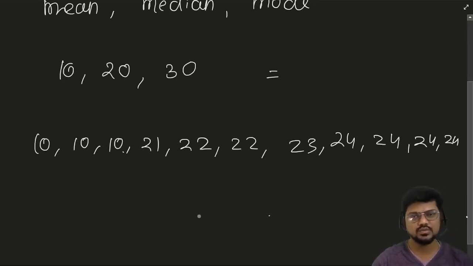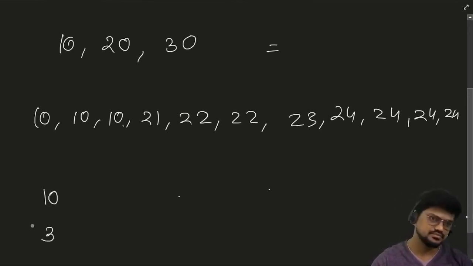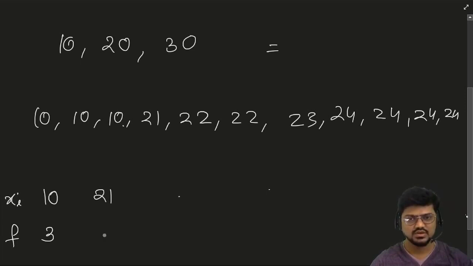Now how can you write it in a grouped format? The 10 has appeared 3 times. So this will be your reading, and this is the frequency, how many times it has appeared. 21 is only one time, so the frequency is 1. 22 has appeared 2 times, so I write 22 and 2.